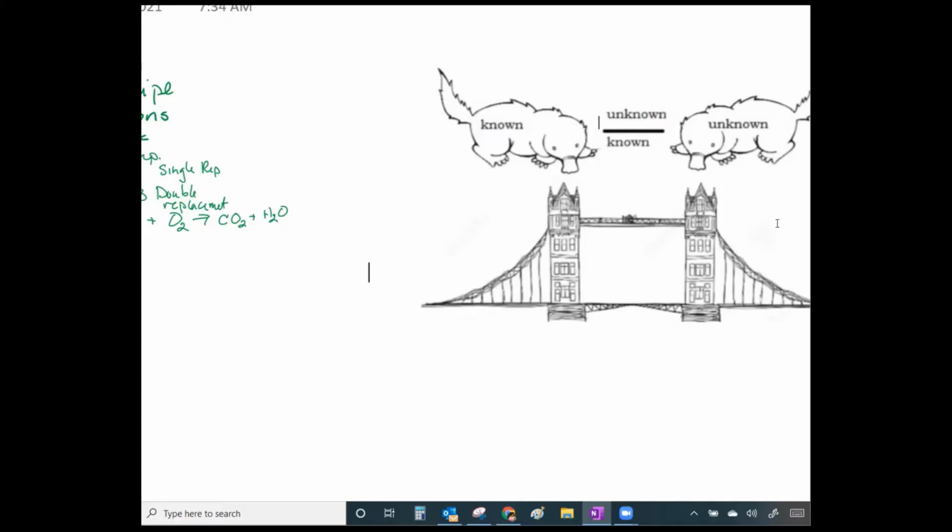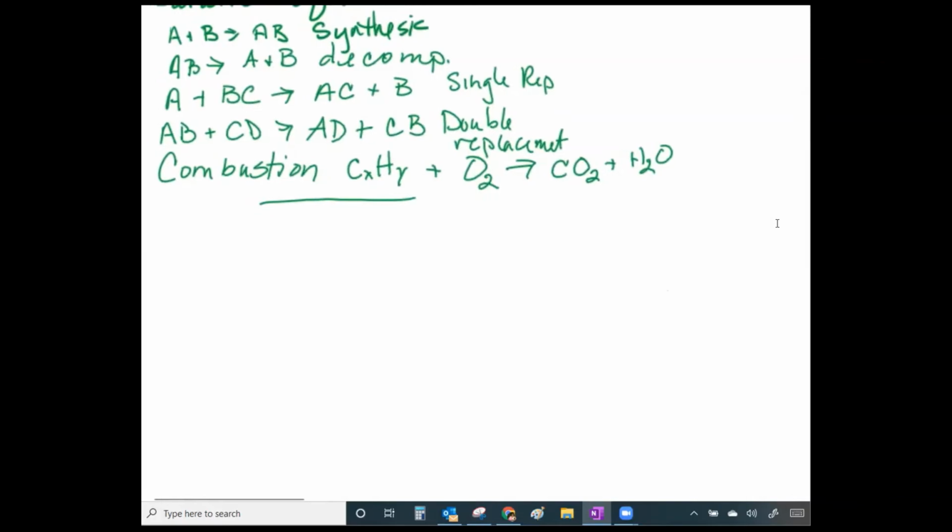So if you are doing stoichiometry, read the problem. For instance, we'll just use methane burning. Methane plus oxygen gives us carbon dioxide and water. If we have methane burning, for every one methane, because this is a 1 in front of it, we're going to need 2 oxygens.